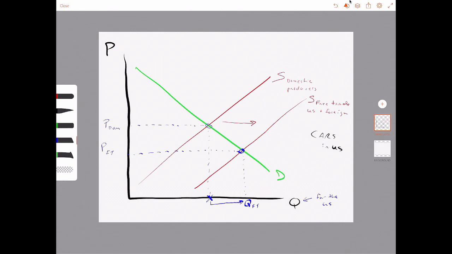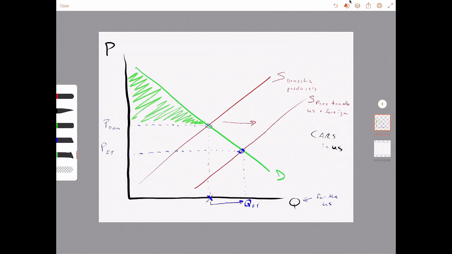And consumers are happy. And if you remember, when we look at markets, one of the things we look at as part of the market is the change in the surpluses that exist. So we have consumer surplus and producer surplus. To start off, our consumer surplus is this area here.